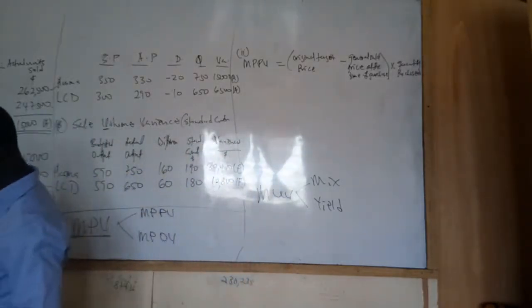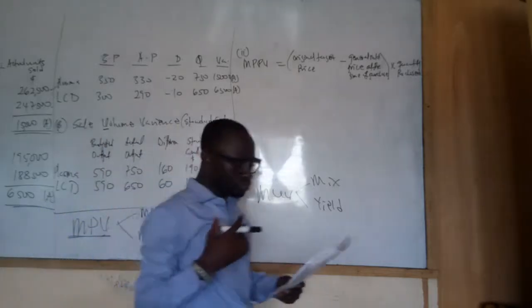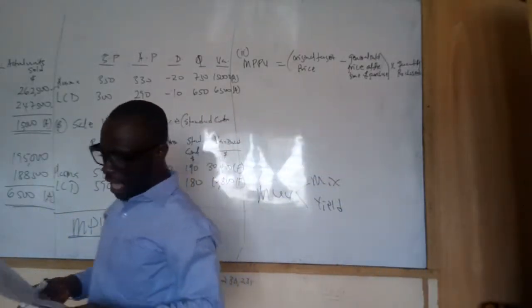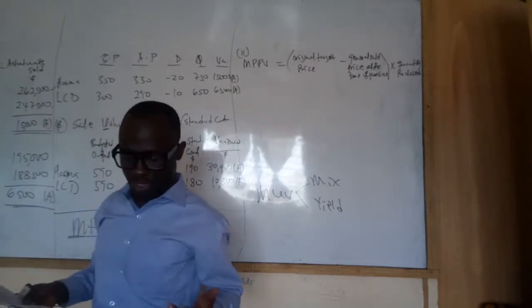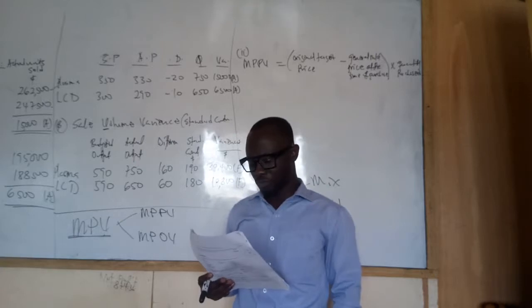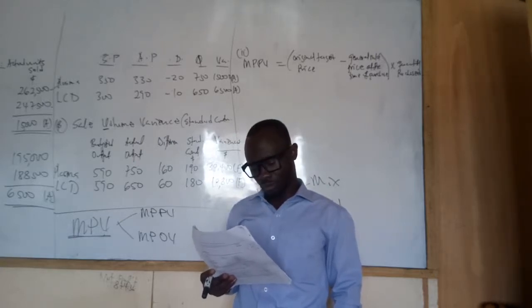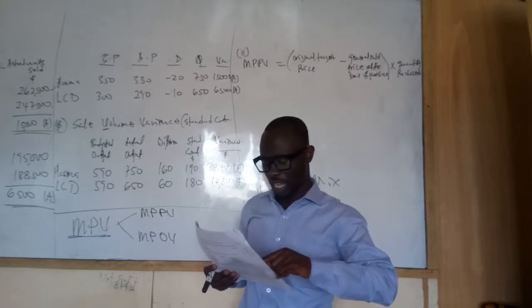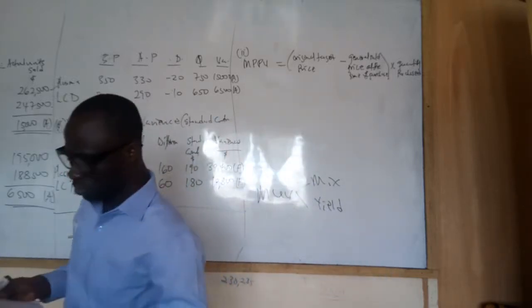Now, we need to ask ourselves about the materials that were purchased during the year. So if we check the question, note 2. We didn't read note 2.